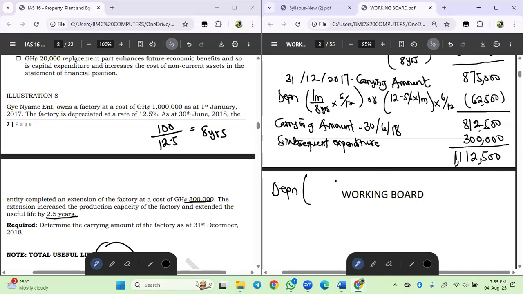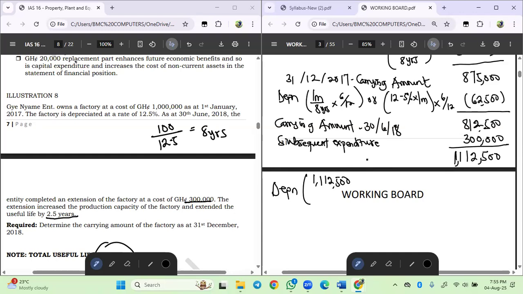No, this time around, they've revised it, or they did an extension. So now the cost you are going to use is this 1,112,500. Sorry, it's 1,112,500.